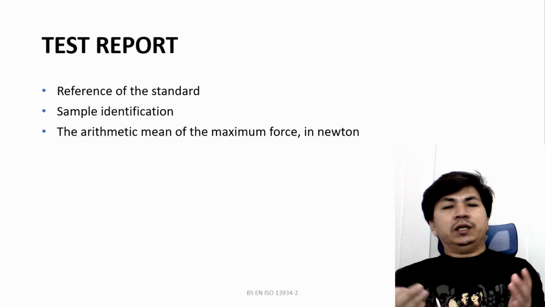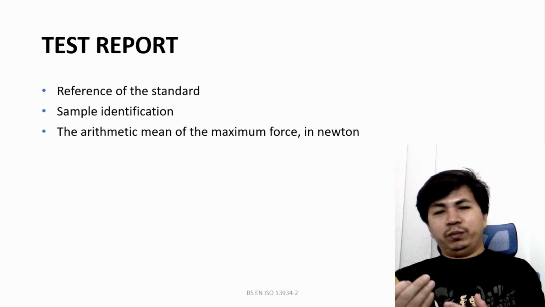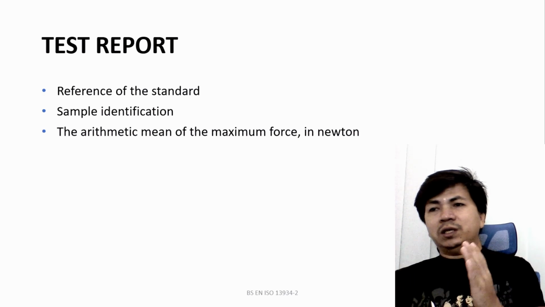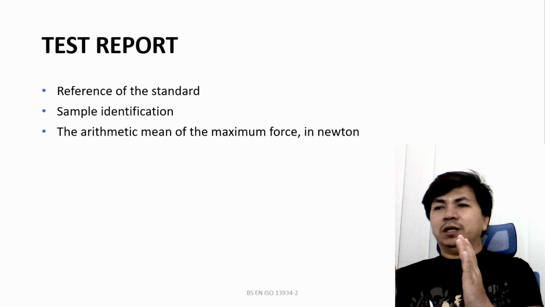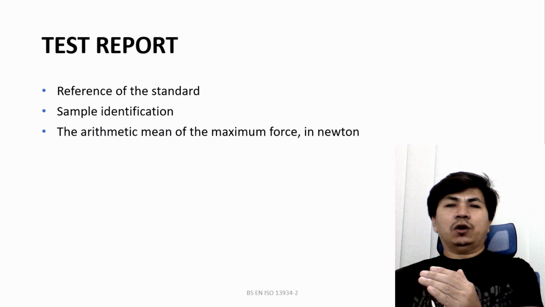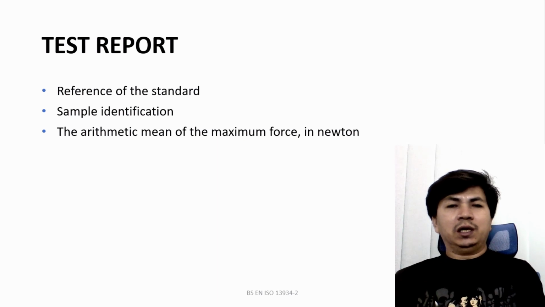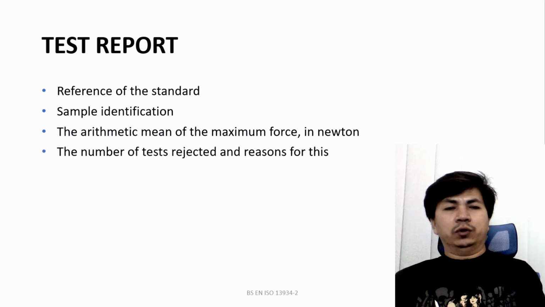Then the arithmetic mean of the maximum force in Newton. The arithmetic mean of the maximum force for each direction. That means the warp specimens' mean average result and the weft specimens' average result should be reported separately in the report.